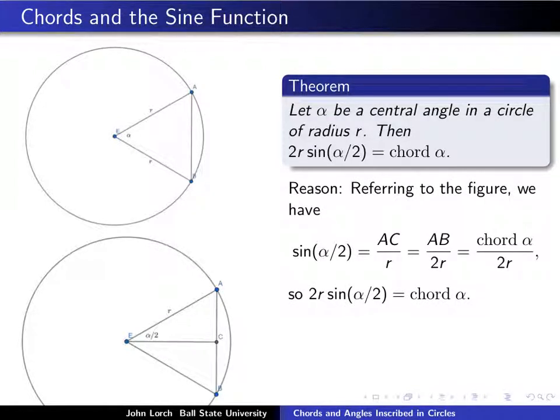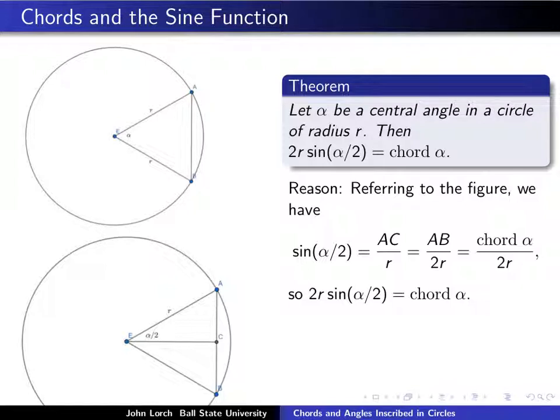So let's refer to the figure at the bottom of the screen, where we see that we have bisected angle AEB, and the bisector cuts the isosceles triangle AEB into two congruent right triangles, where, of course, the angle AEC is of measure alpha over 2.